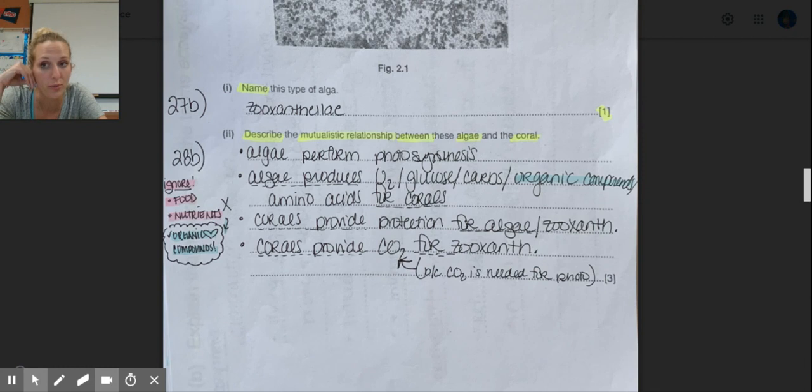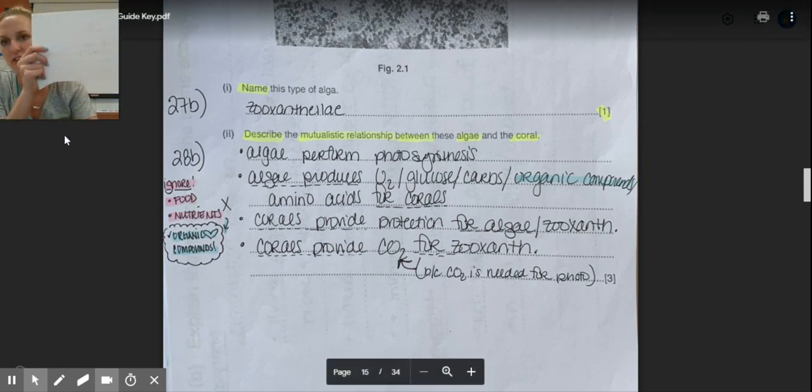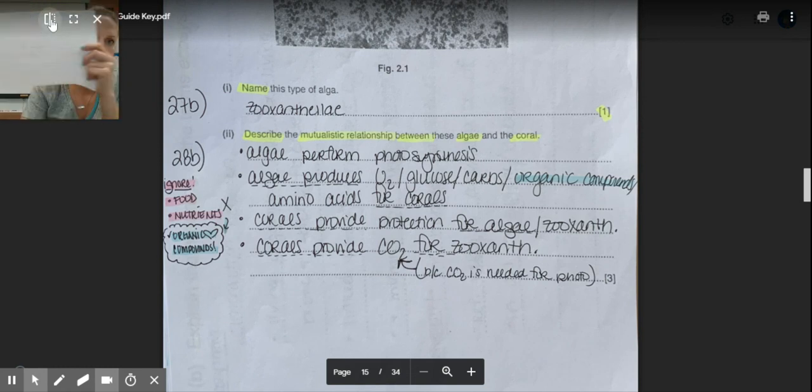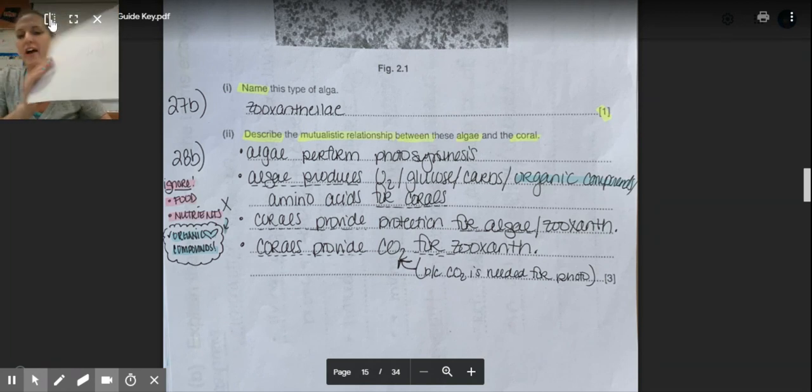And they also, because corals are calcium carbonate, this is the formula for it. It's CaCO3. I'm sure that's backwards too, so let me flip this. CaCO3 is calcium carbonate. And with that CO3 there, the algae actually can use that as a form of carbon dioxide.